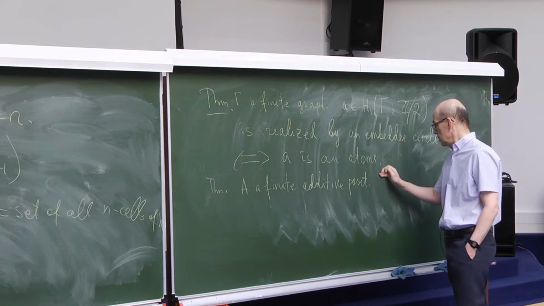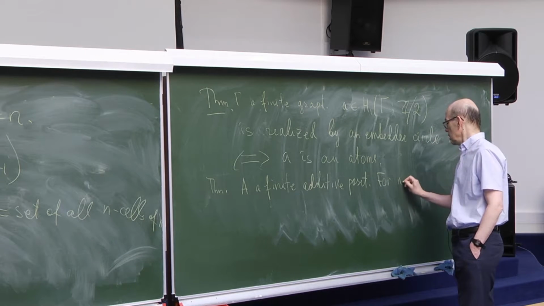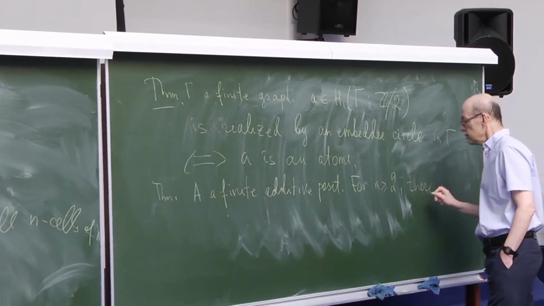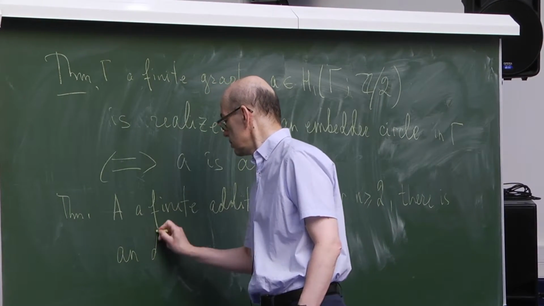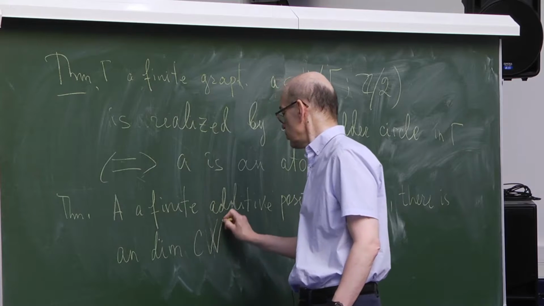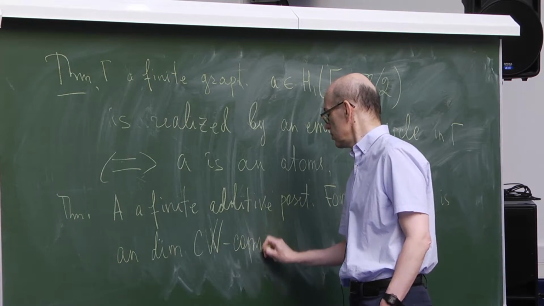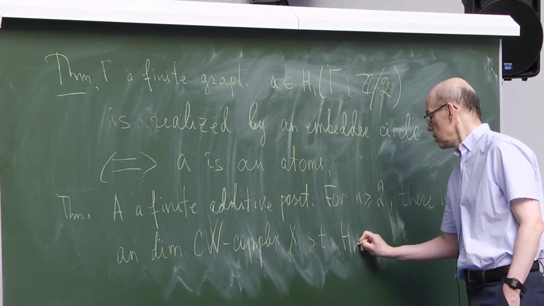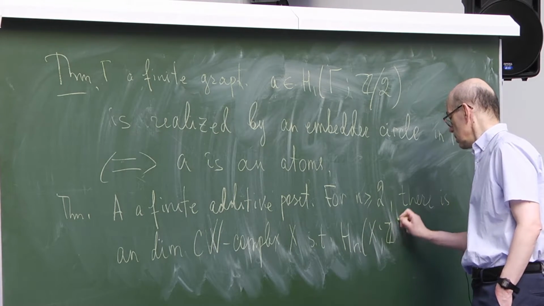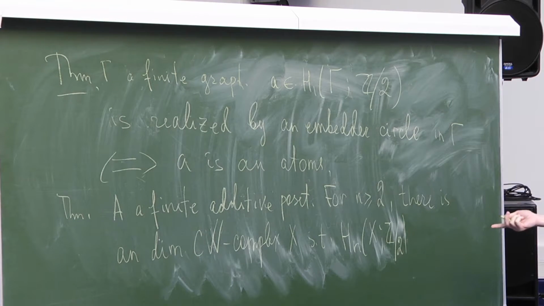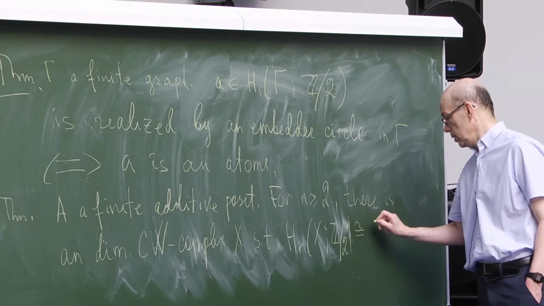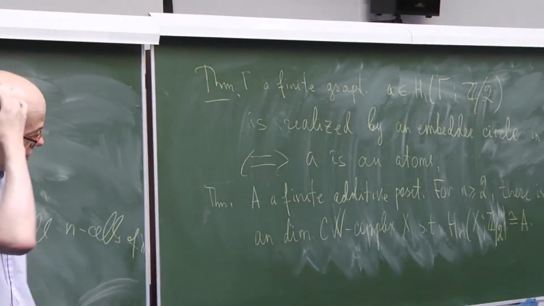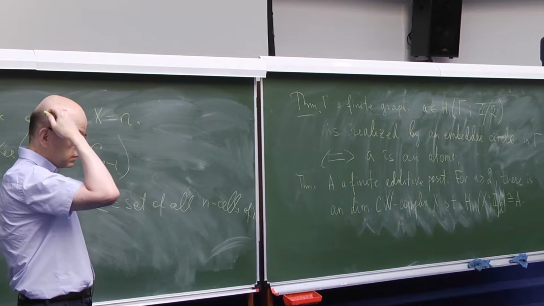And the answer is that for any n greater than or equal to 2, there is an n-dimensional CW space, or CW complex X, such that the n-dimensional homology group of X with coefficients in Z2, now viewed as an additive poset by this construction, is isomorphic to A. So in any dimension, starting from 2, every additive poset, finite at least, can be realized.